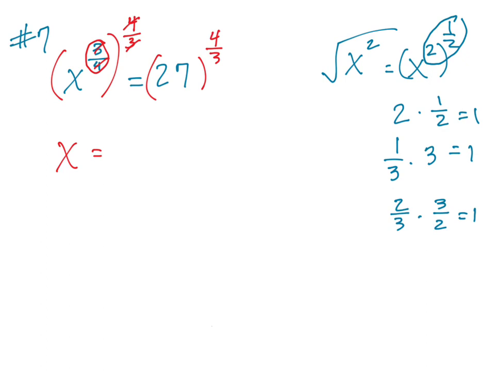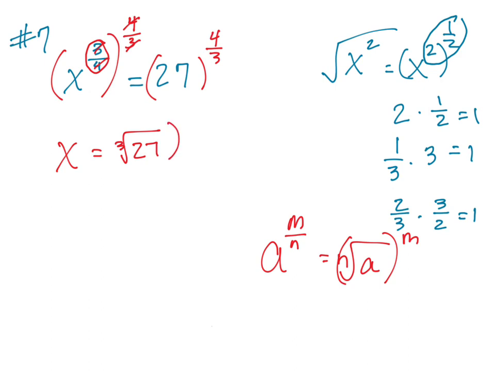So when I'm raising to a rational exponent, this goes back to the rule that says a to the m over n power is equal to the nth root of a to the m power. So if we were going to rewrite this 27 to the 4/3, we could call it the cubed root of 27 to the 4th power.